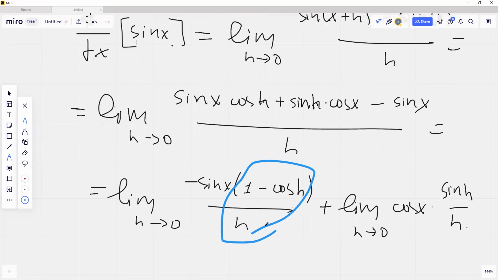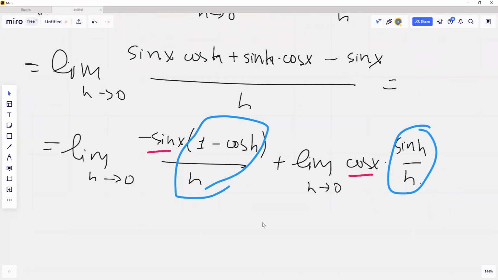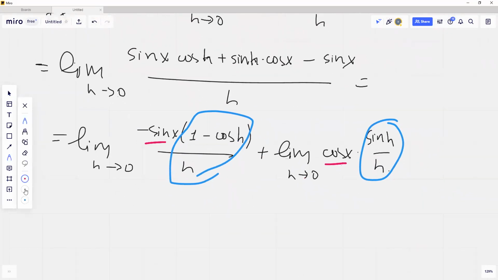Since we know that this limit is 0 and this is 1, we are allowed to split them up in the following way, since here sine of x is independent of h, so we don't care. That limit exists. Cosine of x, we don't care about cosine of x, and this limit here exists. So we are allowed to split them up in the following manner. So we'll end up with minus sine of x multiplied by 0 plus the limit of cosine of x multiplied by 1. So this is cosine of x.